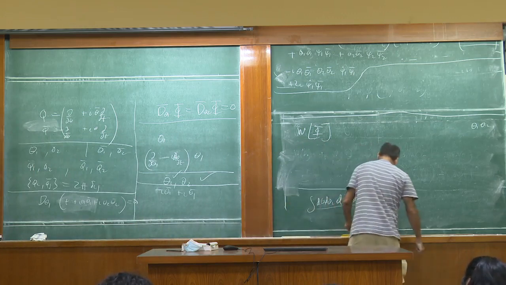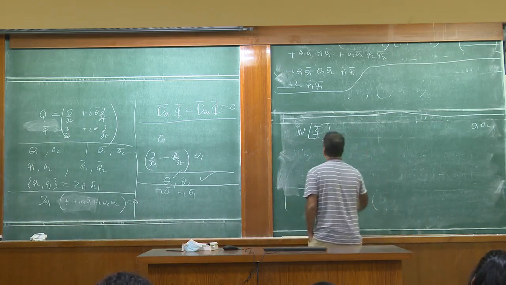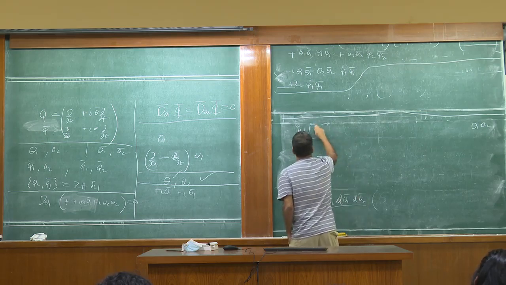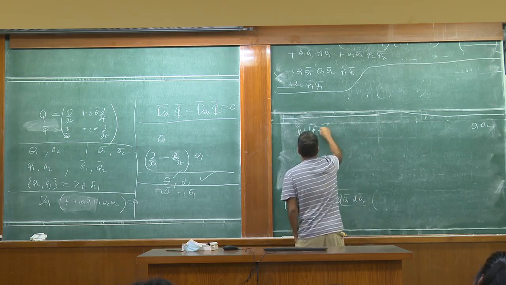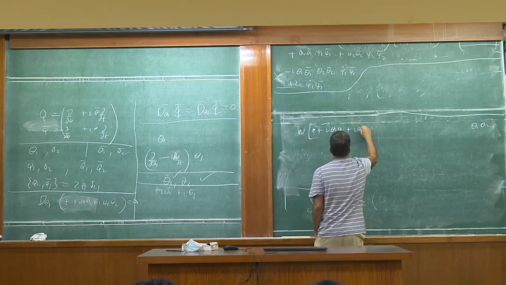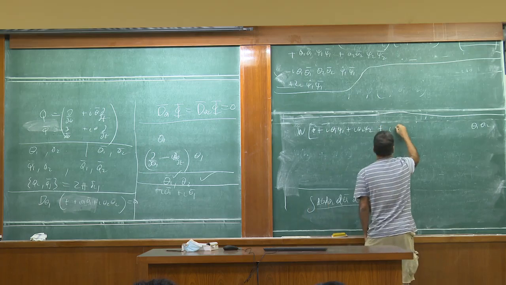So this guy was phi plus I theta 1 psi 1 plus I theta 2 psi 2 plus I theta 1 theta 2 f.